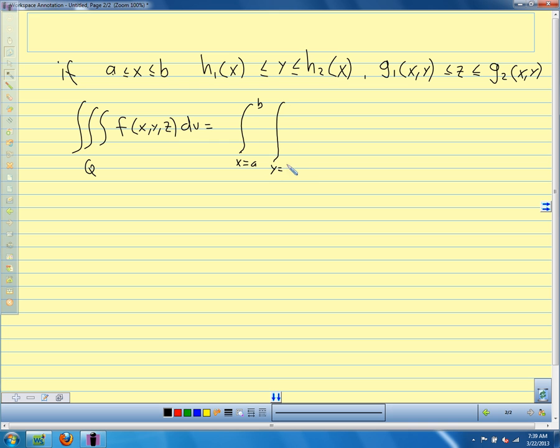Then y equals h1(x) to h2(x), and the integral z equals g1(x,y) to g2(x,y) of our function, and this order is going to be dz, dy, dx.